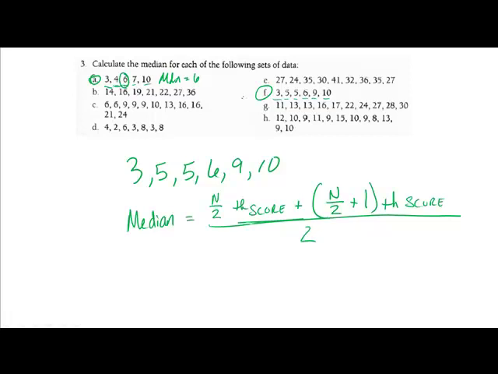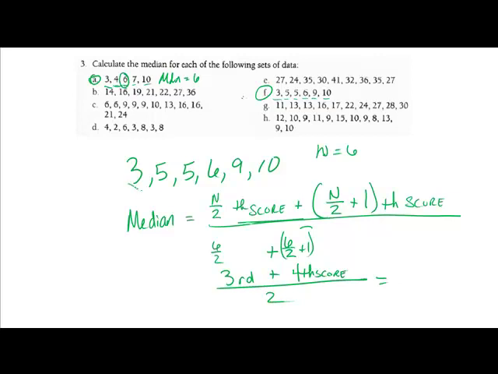N in this case is equal to 6. 6 divided by 2 plus 6 divided by 2 plus 1. So we need the third score and the fourth score divided by 2.